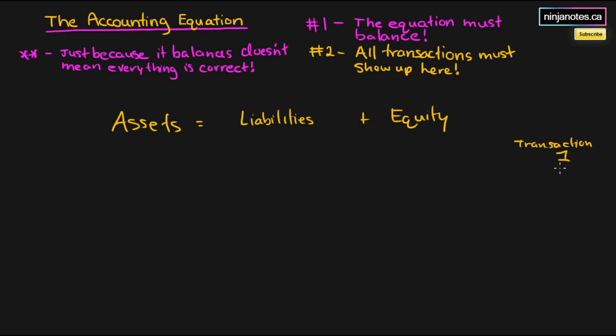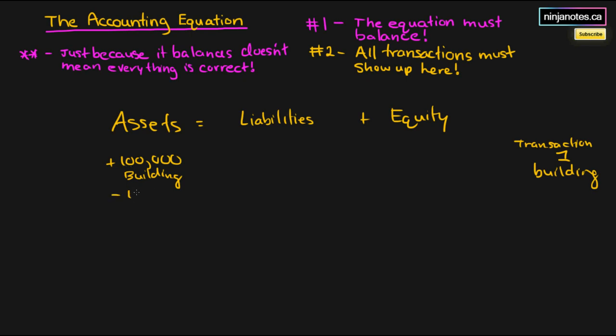So the first transaction, we're going to talk about a building. So purchasing a building, if we bring on a building, let's say it's $100,000, this is going to increase our asset base by $100,000. I should say building for transaction 1.